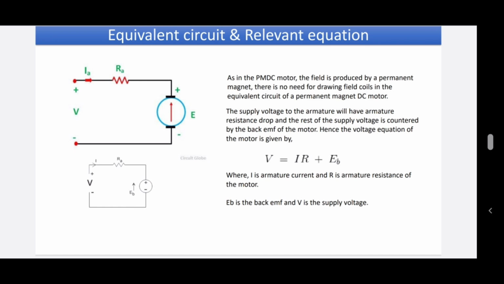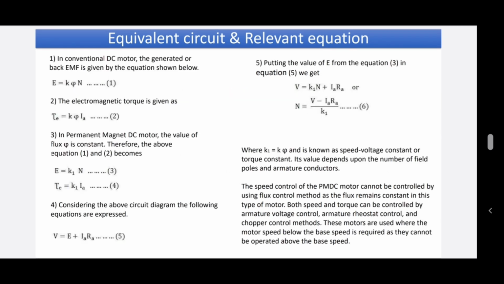Okay, we continue with relevant equations for the permanent magnet DC motor. In a conventional DC motor, the generated or back EMF is given by the equation shown below: E equals K flux N, equation number 1, and the electromagnetic torque is given as T equals K flux IA, equation number 2.